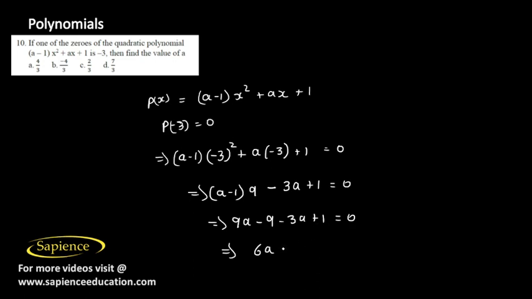Minus 9 plus 1 will become minus 8. That means a is equal to 8 by 6. When we cancel it with 2, we will get a is equal to 4 by 3. And option A is the correct answer.